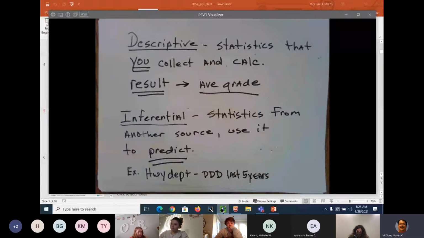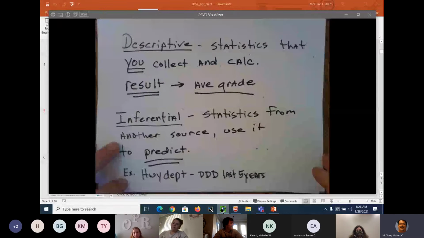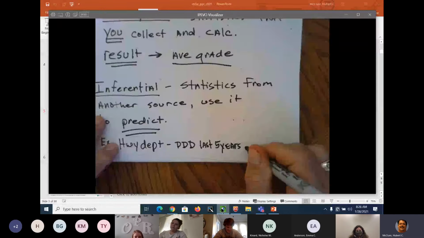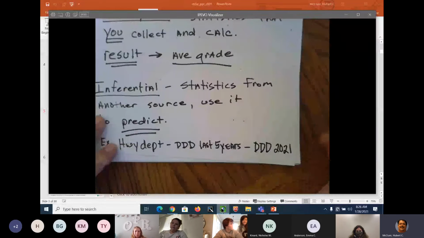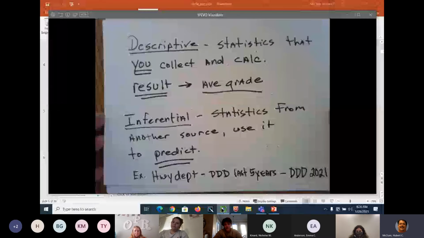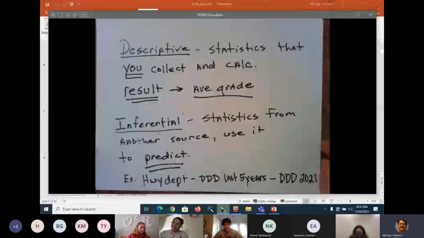In other words, how many deaths on the road were committed by drunk drivers. A drunk driver runs into somebody, somebody dies. And you want to predict the drunk driving deaths in 2021. That is an example of inferential statistics.